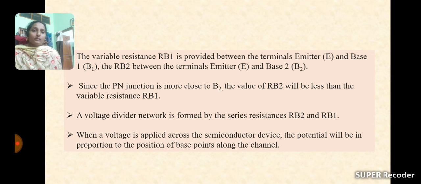Why is the value of RB2 less than RB1? Because it is more close to B2. And here the voltage network is formed by the series resistances RB2 and RB1. When a voltage is applied across the semiconductor device, the potentials will be in proportion to the position of the base point along the channel.